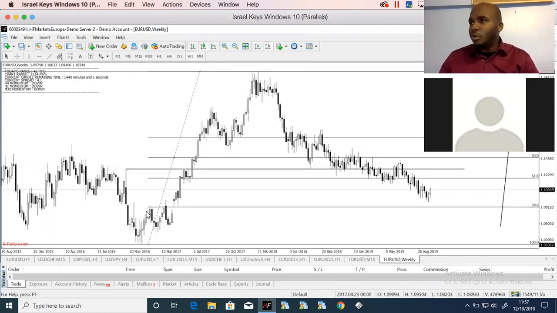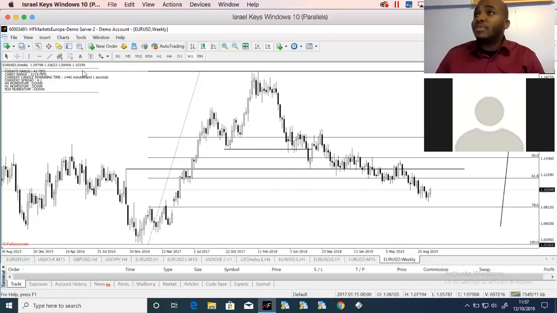So if I'm expecting it to go north, once it breaks this level, once it starts to retrace, and it's also broken this structure here, which tells me now that it's going down, I expect it to come into the 50 level. Once it comes down into the 50 level, I can start hunting longs, coming back.